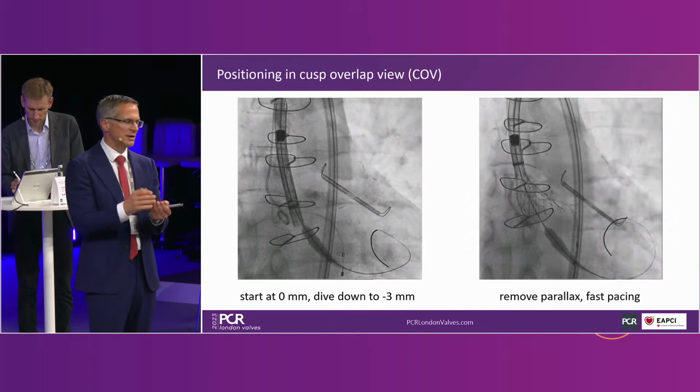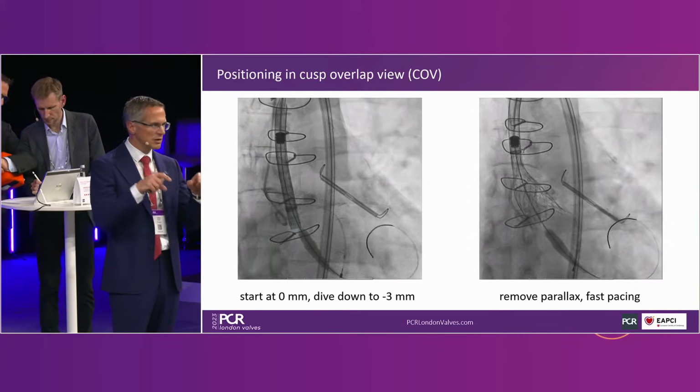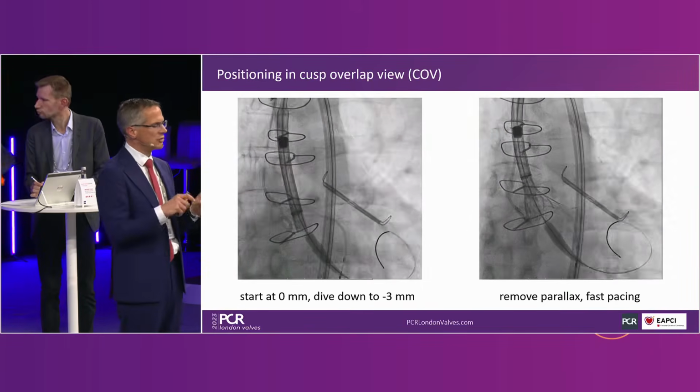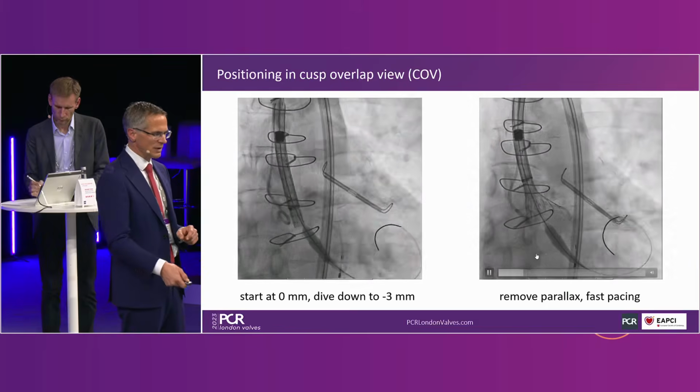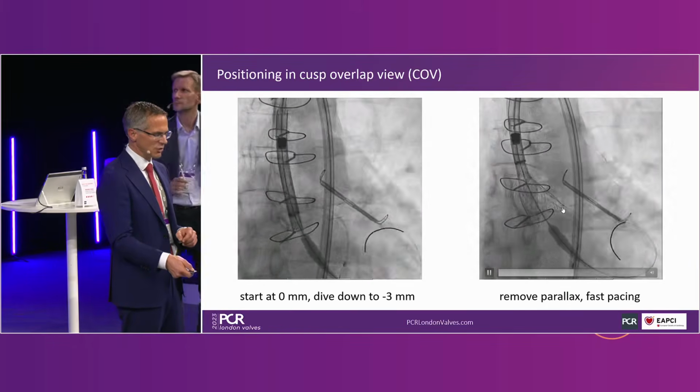So we know how the valve is crimped into the capsule. We see the head marker, and 90 degrees from the head marker is 1 commissure. And the gold markers also mark the commissures.